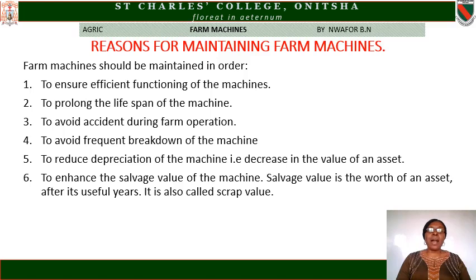Just as our cars on the road do have accidents, they can equally have accidents as they work on the farm. So when they are maintained, these accidents can be avoided or minimized. Number four, to avoid frequent breakdown of the machine. It's not always good for the machine to break down often while working on the farm.